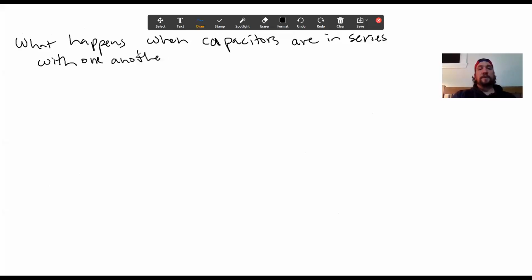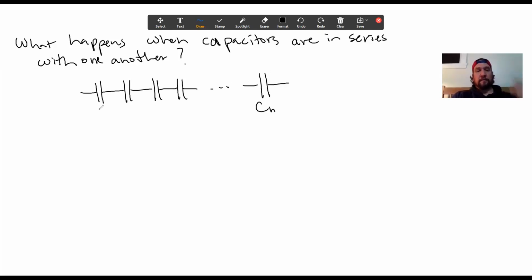So just like we can put resistors in series, we can put capacitors in series. And really, fundamentally, this is all I want you to remember, okay? So we got a bunch of capacitors, C1, C2, C3, C4, up to Cn, meaning however many we have. And how they add up is just like resistors in parallel.